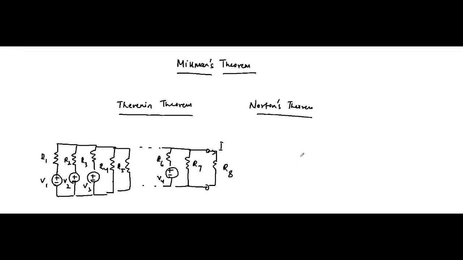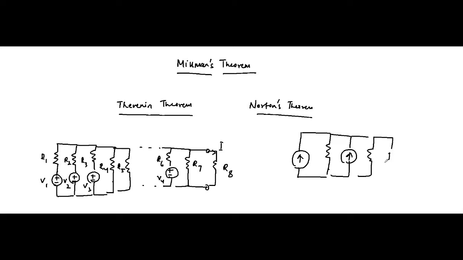Another situation is like this. We have a circuit with current sources, R1, I2, R2, I3, R3, and let's say this is the nth current source.